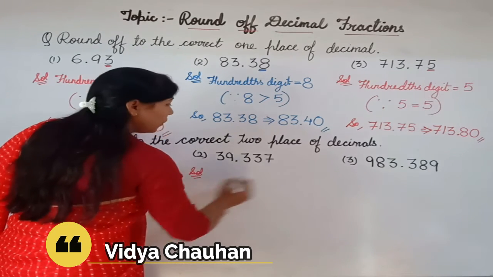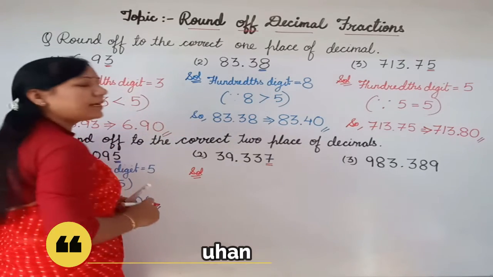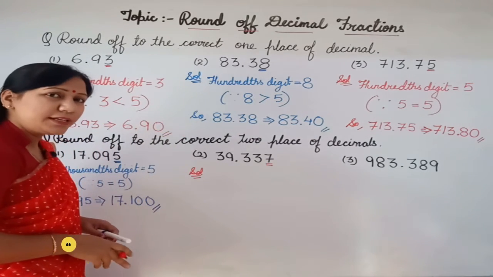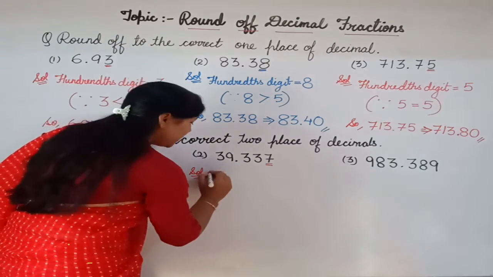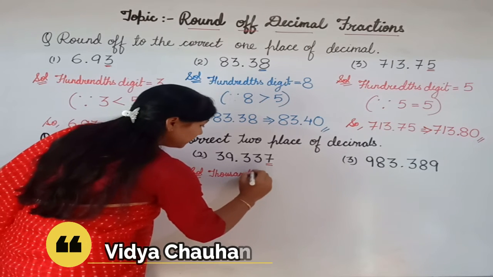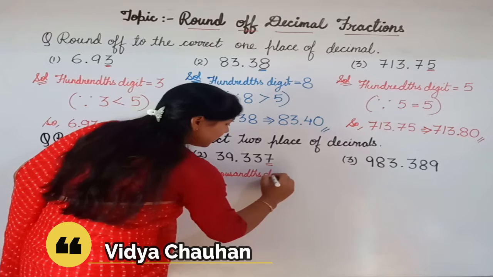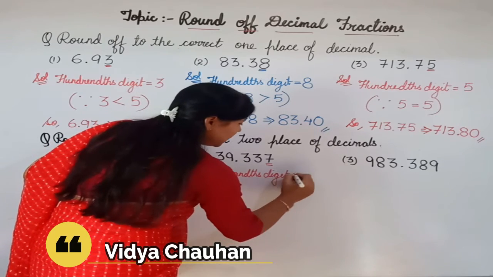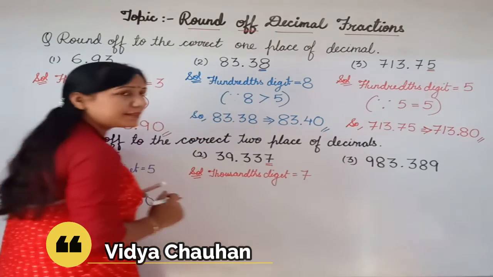Let's take the second example from your exercise. 39.337. Once again, what is the digit at the thousandths place in this number? It is 7. So first you write the thousandths digit. The digit at the thousandths place is 7.